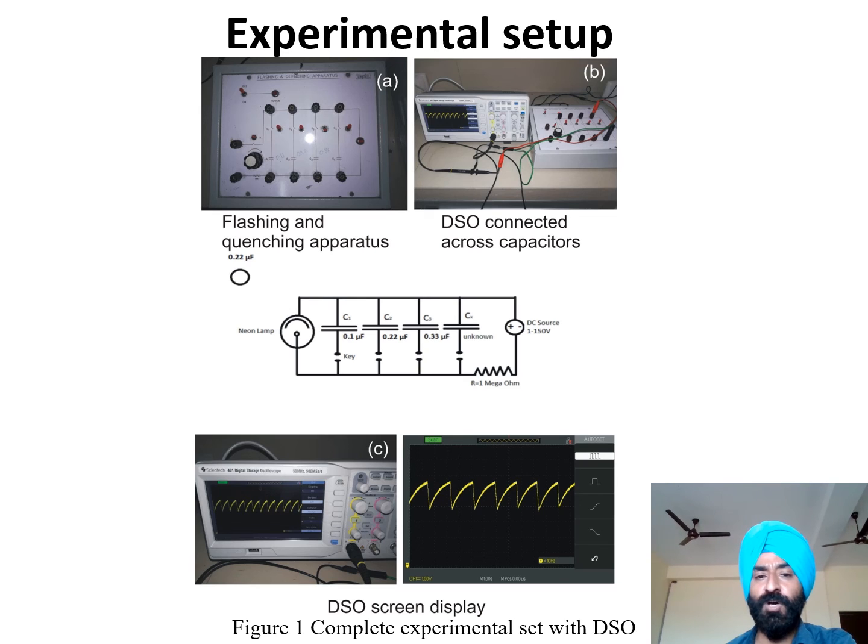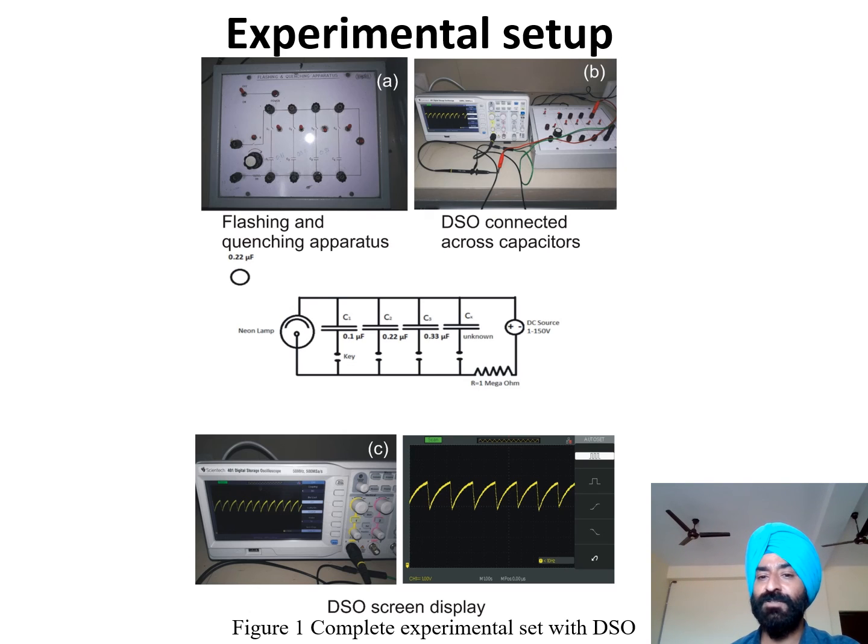So here we have a neon bulb. We have a number of switches across the capacitors to include them in the circuit, and this is the voltage that we can vary to control the flashing and quenching cycles of the neon bulb.